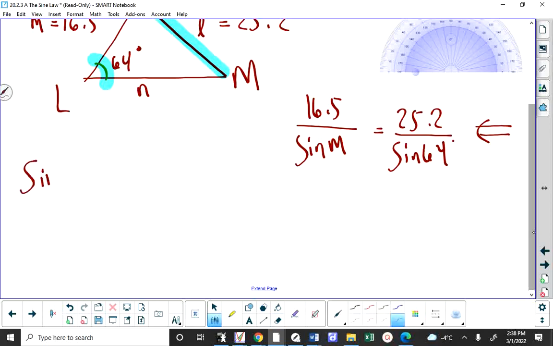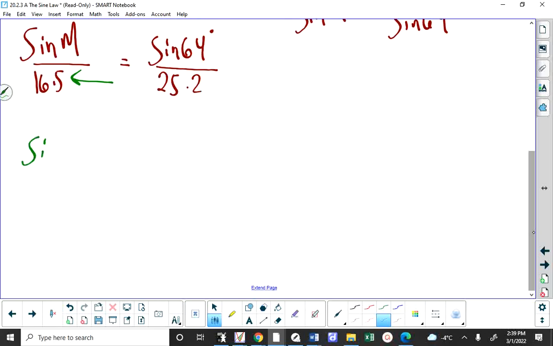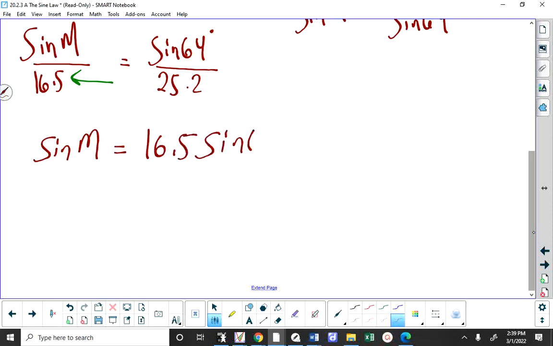So this is sine of M over 16.5 is equal to sine of 64 over 25.2. And if you look up here, we're trying to get M by itself. This is the troublemaker, the 16.5. It's in the way. So let's multiply both sides of the equation by 16.5 to get sine M equals 16.5 sine 64.